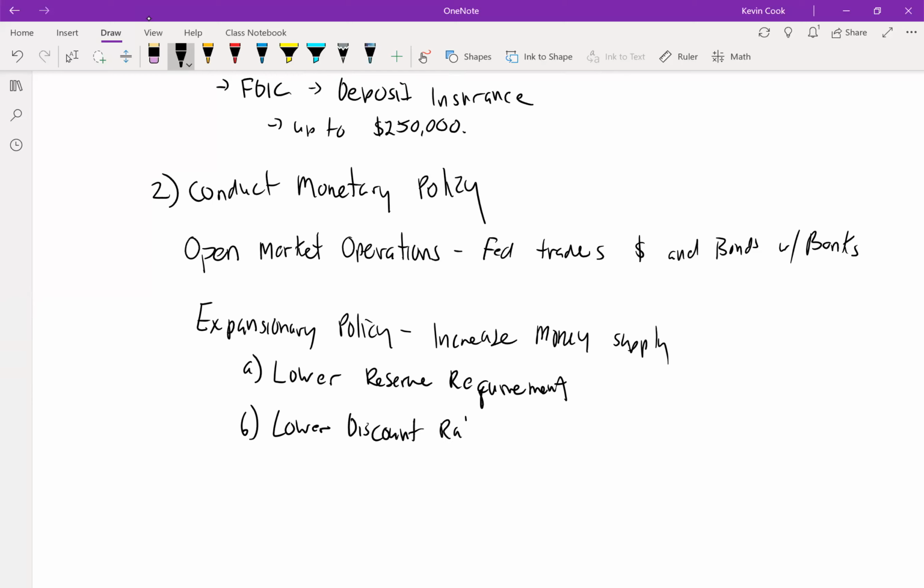And the discount rate, again, is the rate at which the Federal Reserve makes loans to the commercial banks. And the third thing they can do is purchase bonds from the bank. And when they purchase bonds, this again adds money to the bank.